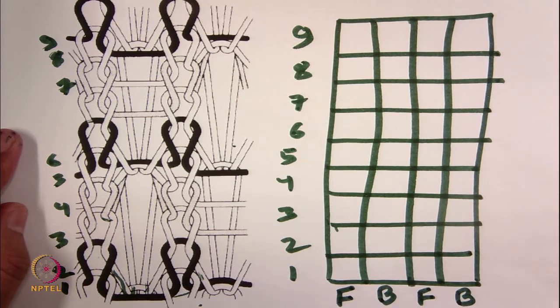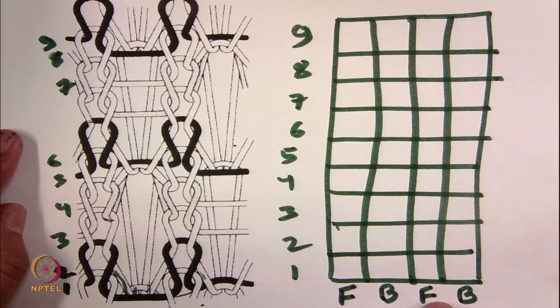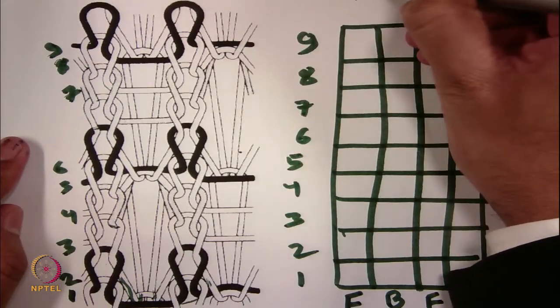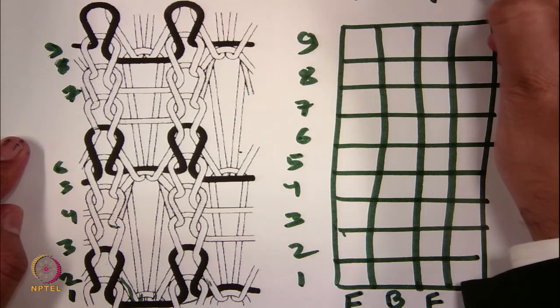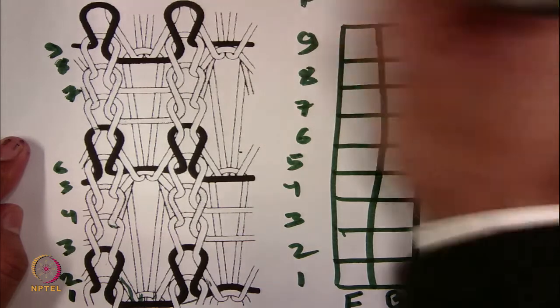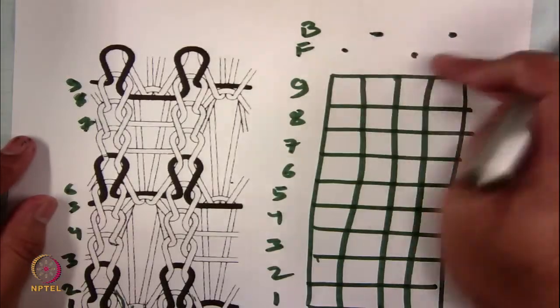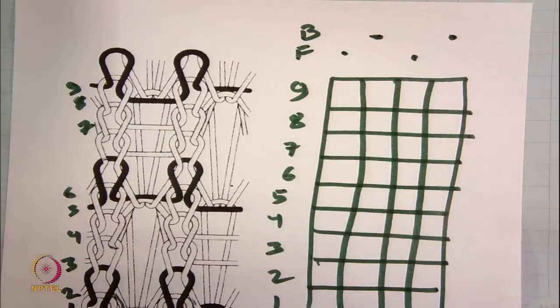F represents front bed, B represents back bed: front bed, back bed. So, the idea here is like this. Front bed and back bed. These are the needles. So, 2 front needles and 2 back needles. This is how the fabric has been created, especially this fabric.